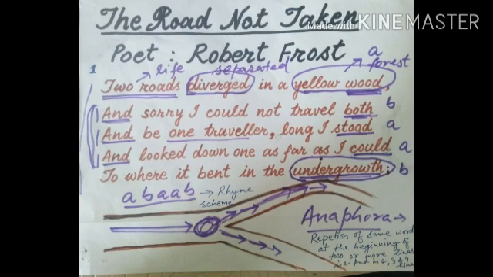The poet kept standing there for a while and looked at the path very carefully as far as he could see it. He wanted to know if it was suitable for him or not.